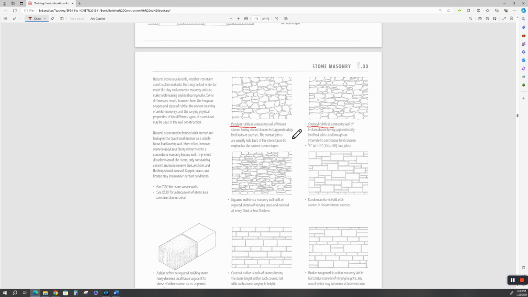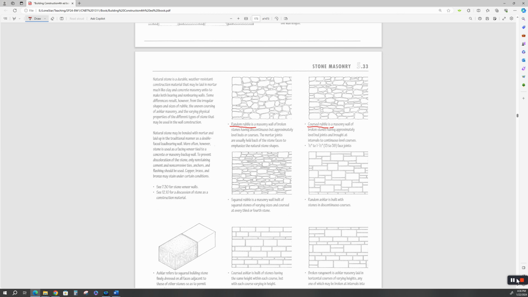All right. So you think this is going to be more expensive than regular modular masonry units? Well, you're absolutely correct, especially if you're going to try to use this as a structural wall and not a decorative wall. And of course, your mortar joints are held back from the face of the stone. And why is that?